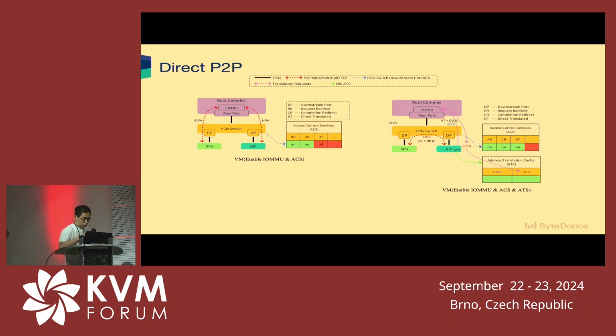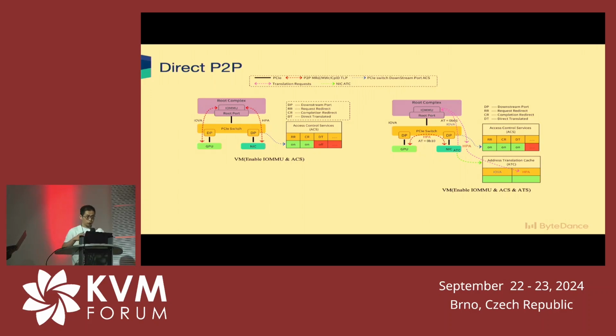And the NIC with ATS supported has a local cache, which we call ATC. So let's look at the process. Initially, the ATC is empty, and if the NIC wants to read or write some data to GPU memory, first it will send a TLP request, which we call an address translation request, and this request will also be redirected by the switch to the root port.